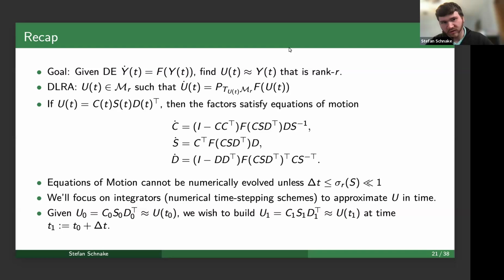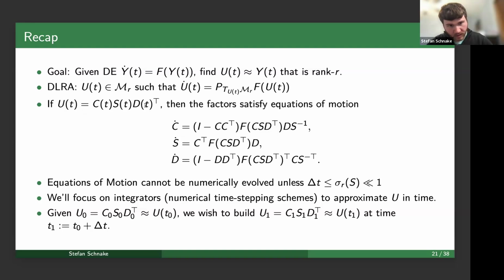Dynamical low-rank approximation takes the Riemannian approach and says, I'm going to look for an approximation matrix U that's rank R in this rank R manifold, such that the dynamics of U are the dynamics of the traditional system projected onto the manifold. So U dot is going to be the equation f of U, but we have to project back onto the tangent space continuously in time. And this will keep the solution rank R for all time.